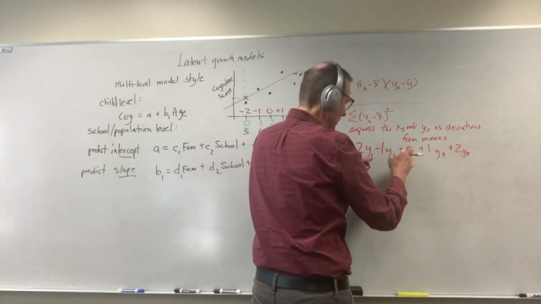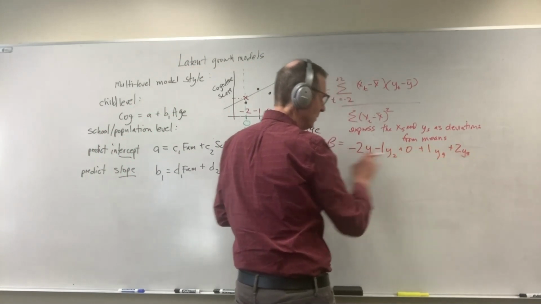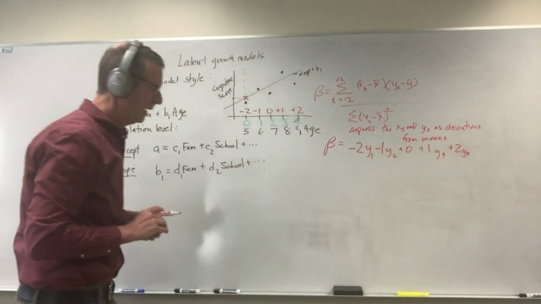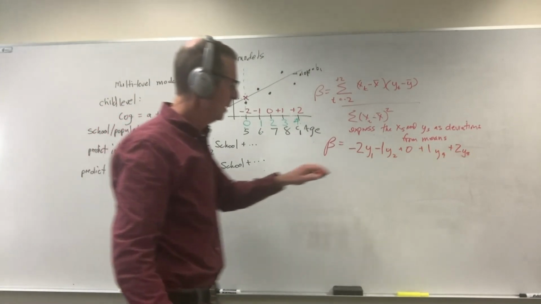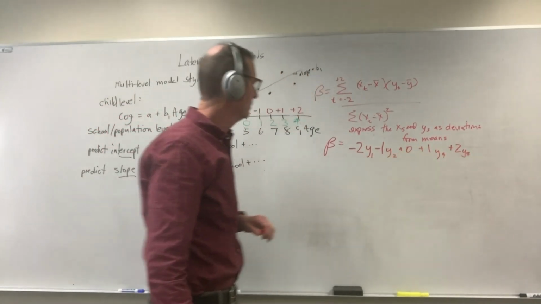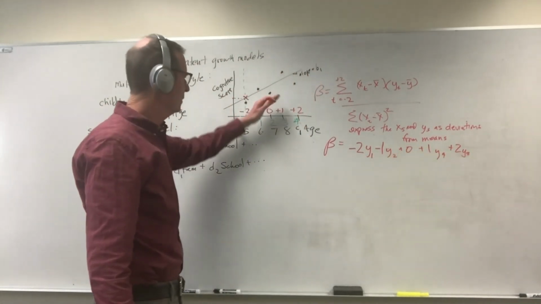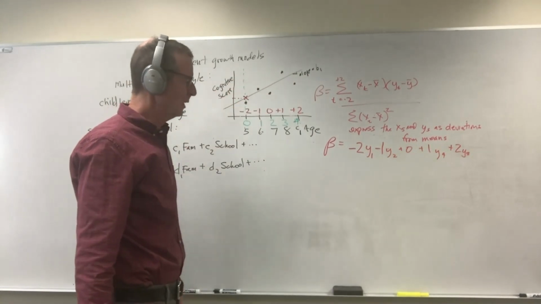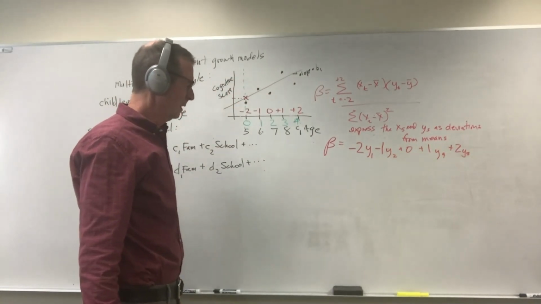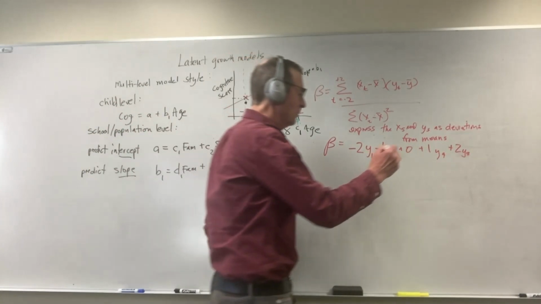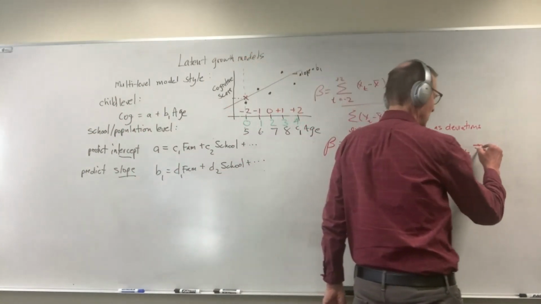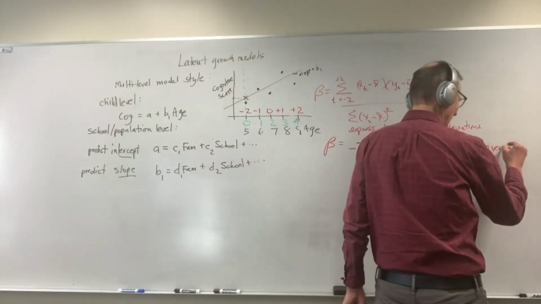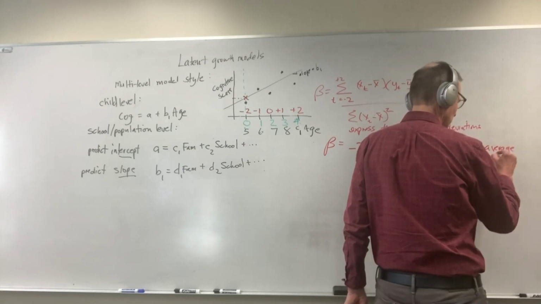And then the second and fourth observation get half that weight, and the middle observation gets no weight at all. Right? The middle observation determines the height of this line, but doesn't have anything to do with the slope. So this is just a measure of average change.